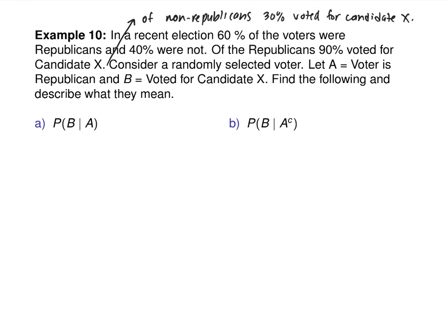Yeah, okay. So consider a randomly selected voter and let A be the event that the voter is Republican and B be the event that they voted for candidate X. Find the following and describe what they mean. So P of B given A, that's the probability that you voted for X, given that you're Republican.